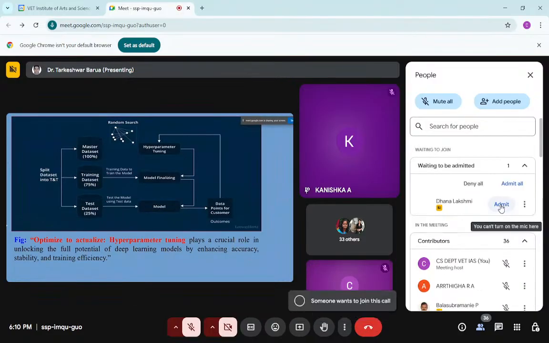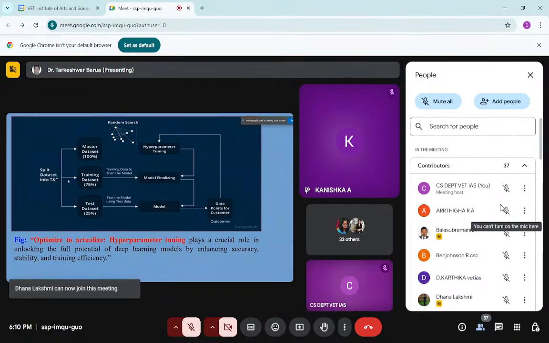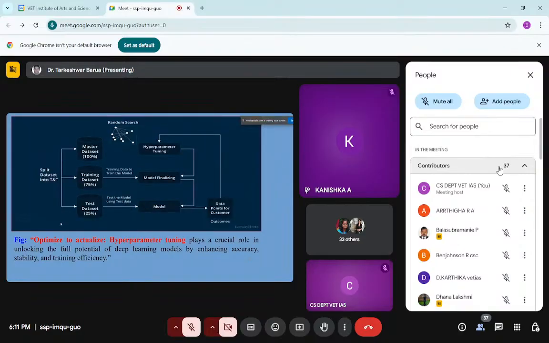This is what we have mentioned here: split the data set into testing and training, and we have stored them in different warehouses, or you can say storage centers. Master data is stored here, training data is stored here, and test data is stored here, in different locations. For a small data set, these are folders. If you are going with a big warehouse, then there can be some cluster.